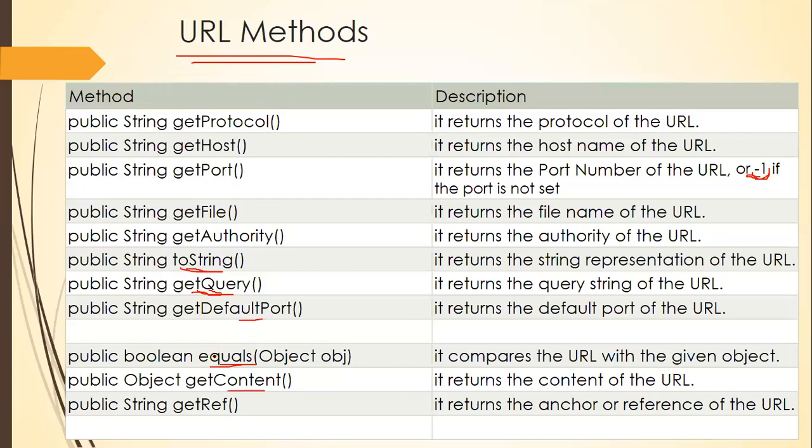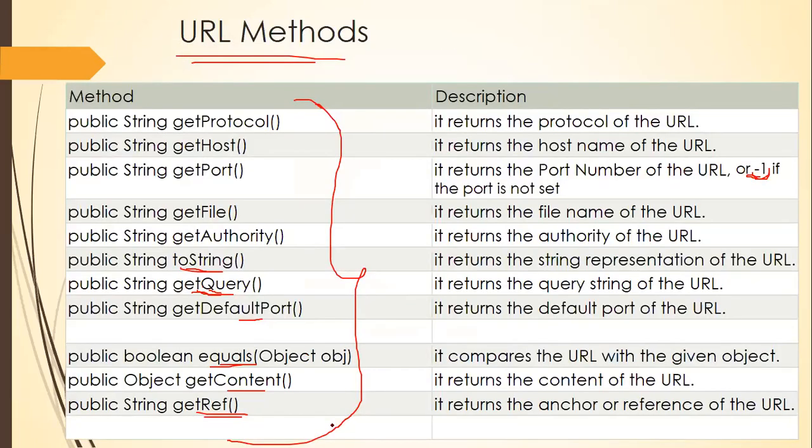To get the content of the URL, you have getContent. And to get the reference of a URL, you have a method called getRef. So these are the methods used in the URL class to get metadata of your particular URL.